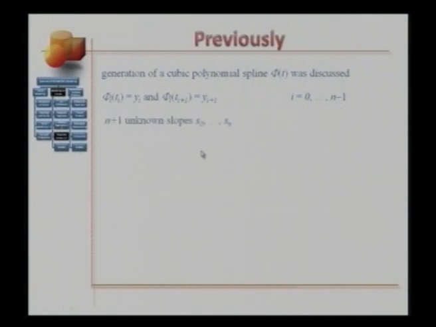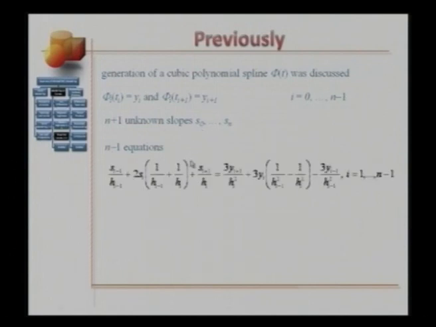We also had n plus 1 unknown slopes at each pair ti, yi. Those slopes were s0, s1, s2 up till sn. And then we had n minus 1 equations that related these slopes.